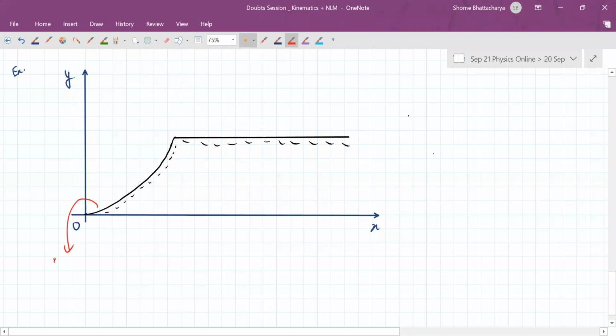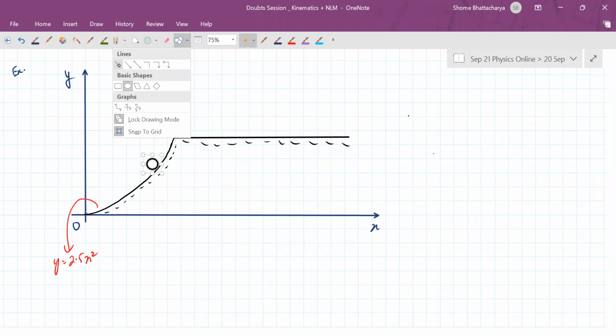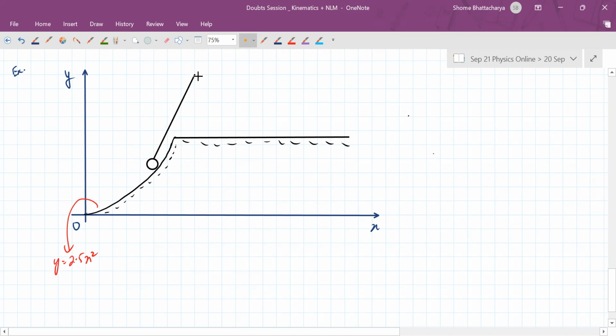It is the curve y is equal to 2.5x squared. Now on this there is a spherical body kept somewhere over here, let's say. It's then connected by a cable kind of thing, a massless cable or string kind of thing, that is then going around a pulley.